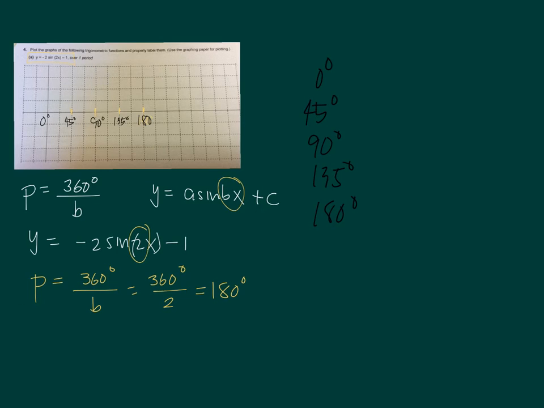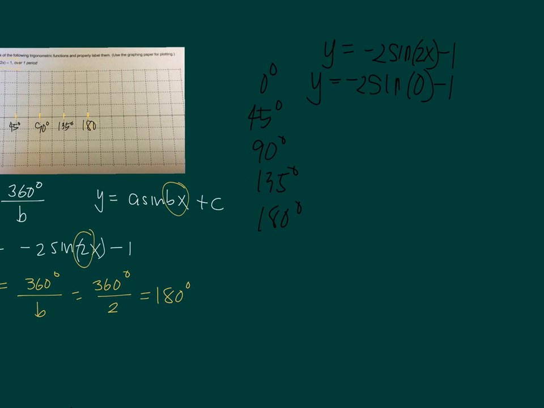Our goal is to get the y for each angle. The function is negative 2 sine 2x minus 1. For 0, the y is negative 2 sine of 2 times 0, which is 0, and then minus 1. And you have to find the value of that.